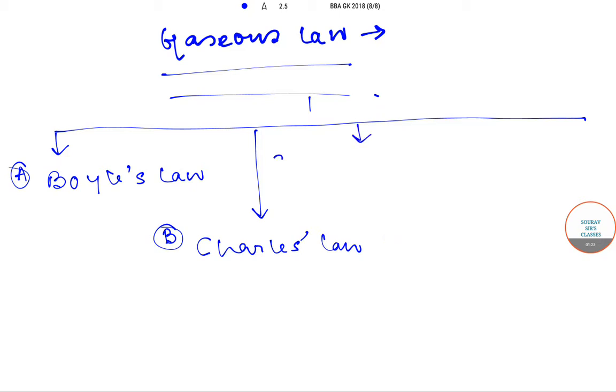The third one, that is C, is Dalton's law of partial pressure. Then another one is the van der Waals equation that we have to study, but that is not in this law portion.